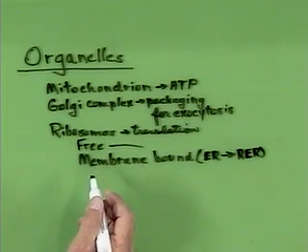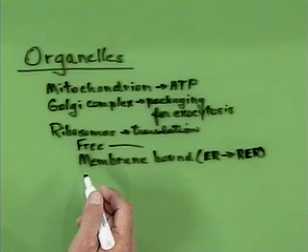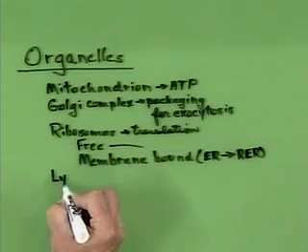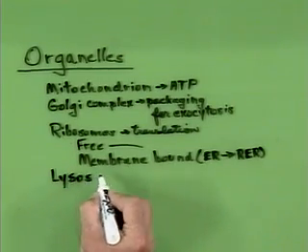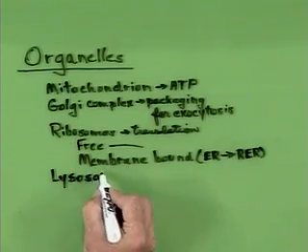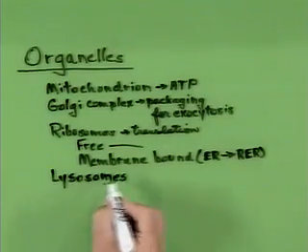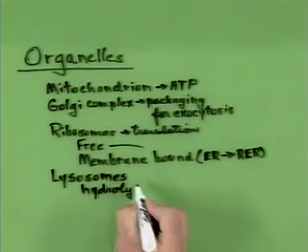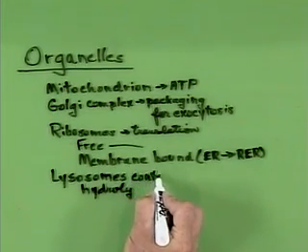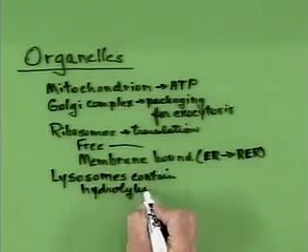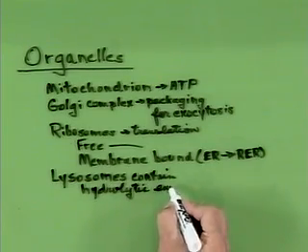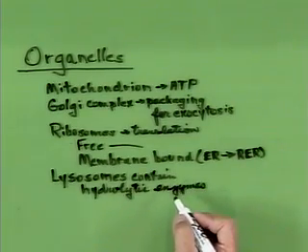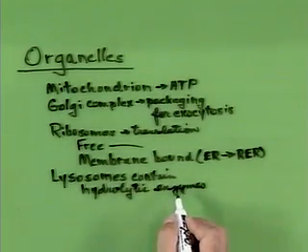Another organelle. What's another important organelle that we could list? Seth? Lysosomes. Those contain digestive enzymes. Lysosomes contain hydrolytic enzymes that are involved in breaking down components within the cell, involved in hydrolysis of things within the cell.